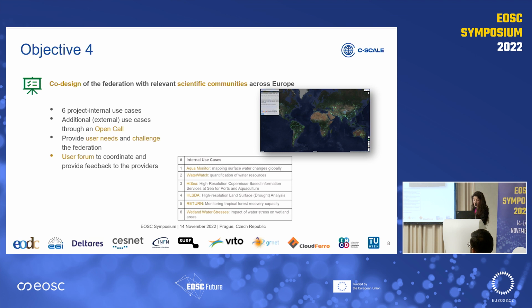And last is the co-design of the federation with relative scientific communities across Europe. So we want to make sure that what we are developing addresses the needs of the users, and that's why we started the project with 6 internal use cases, and on the go, we are onboarding external use cases through an open call mechanism that we have.